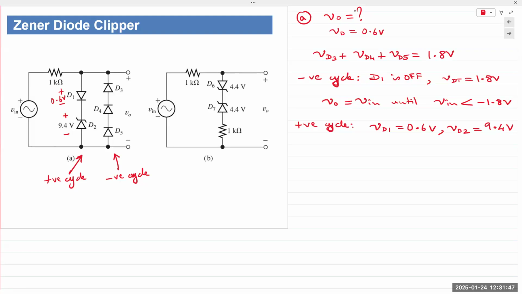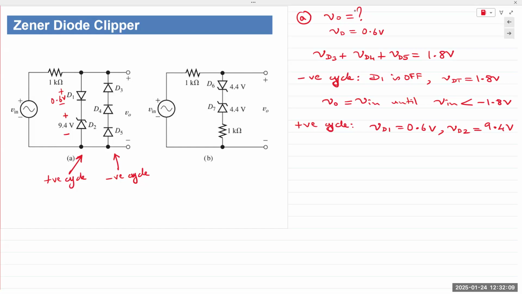Again, a Zener diode is rated for a certain voltage. It is operated in reverse bias, meaning it does not turn on until the cathode exceeds the anode by its rated voltage.